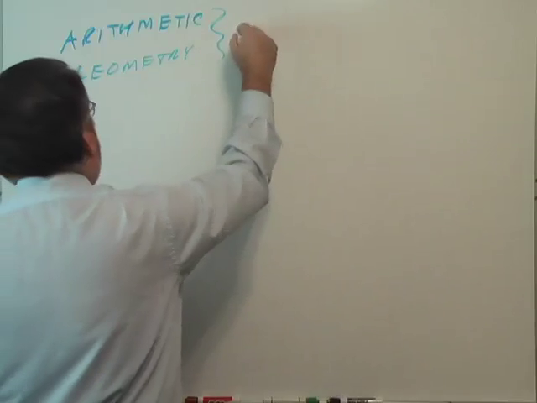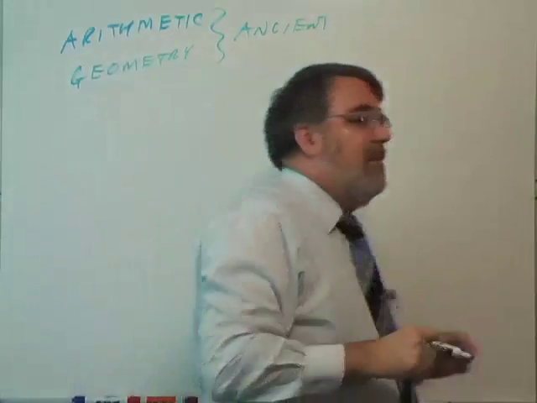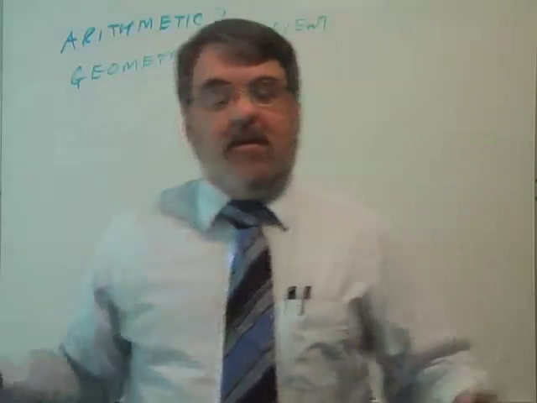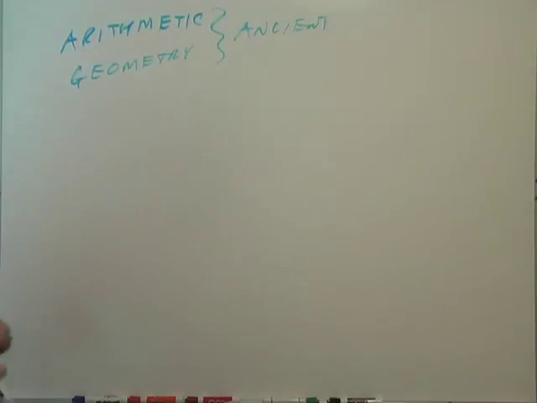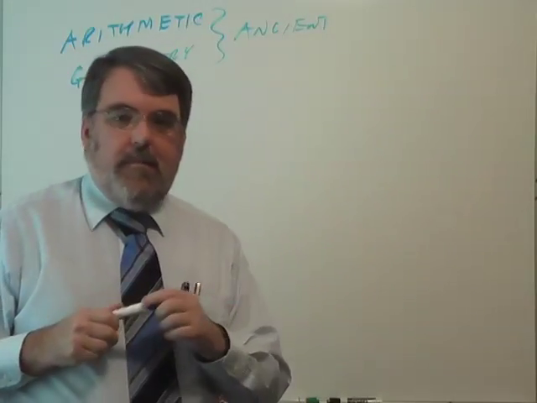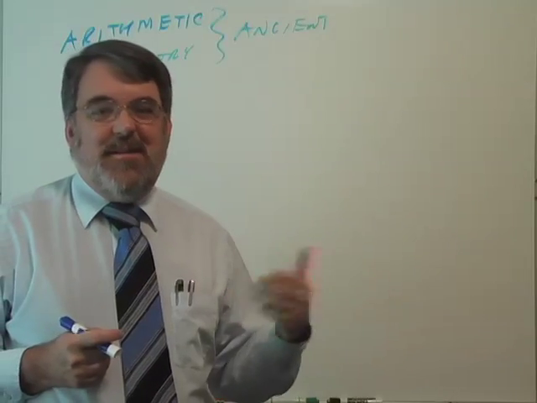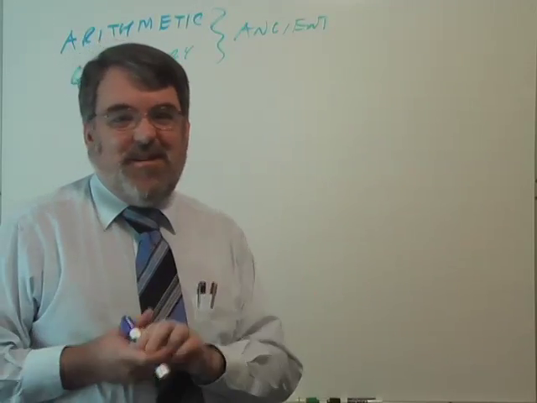Quite naturally, because arithmetic, at least initially, was concerned with counting things, and geometry is concerned with shapes. Well, there's almost no connection between those two for quite some time.